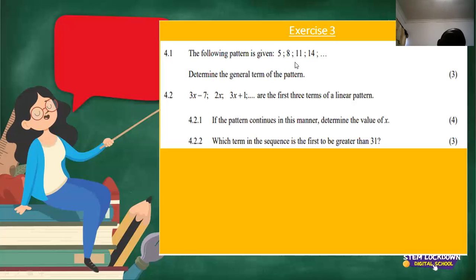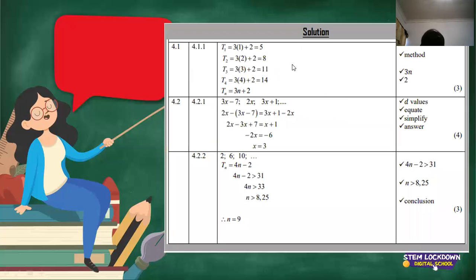The Tn, the general term, the nth term, equals a plus n minus 1 times d. Our a is our first term here, which is 5, and our common difference d is 3. So we substitute that into the Tn formula and find our general term for the sequence.